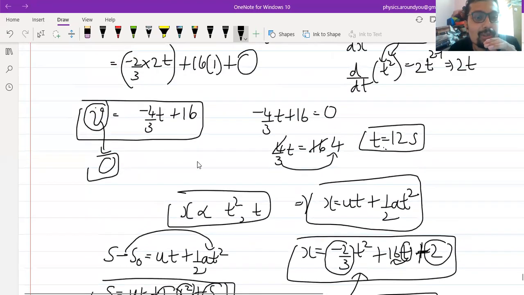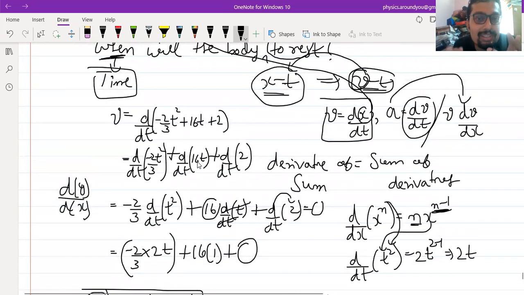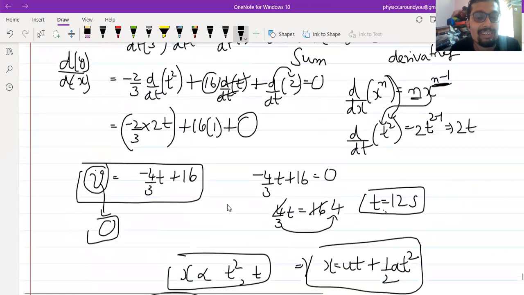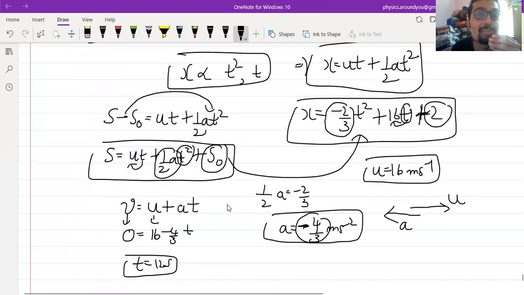Otherwise, the general way is always there. Calculus to the rescue. You do d by dt, equate it to 0, and get the time as well. You can do that also. But this in one shot reveals many things.